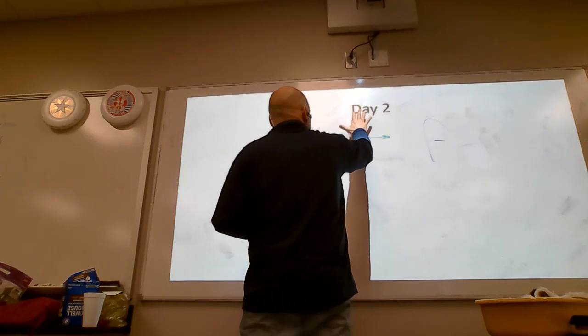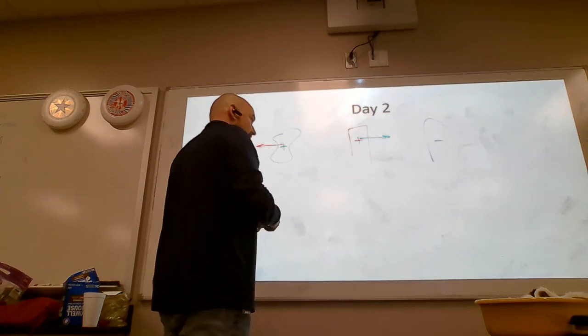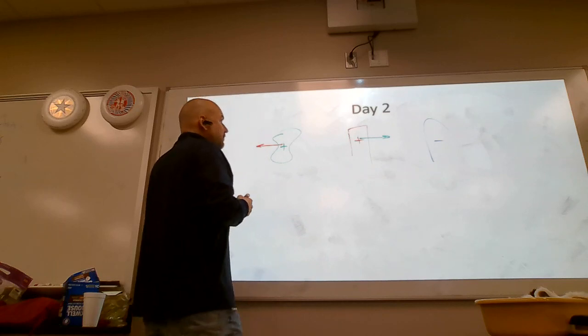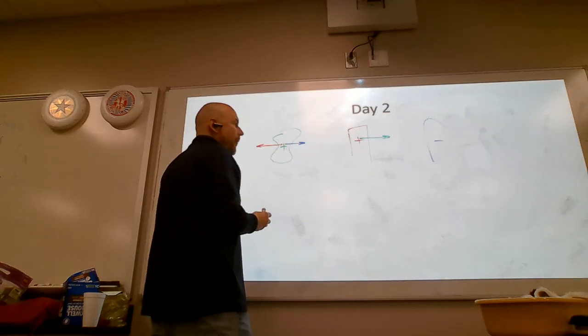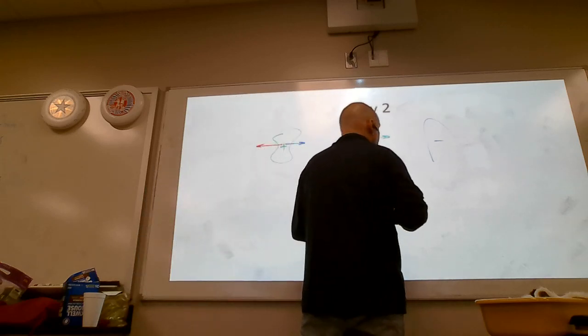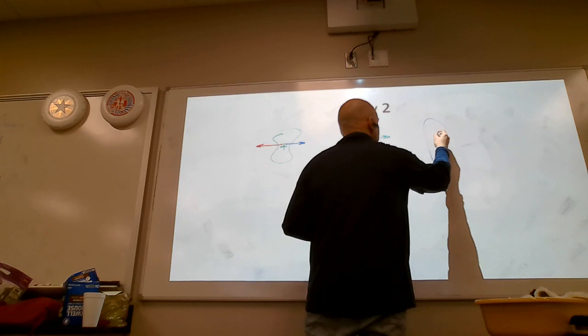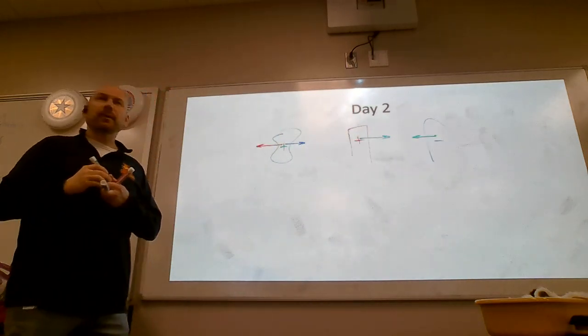And then you cover up the strip, you ignore the strip, and you find the electrical force between the peanut and the rod. So they're oppositely charged, so there's attraction. And there's attraction here. Good with that?